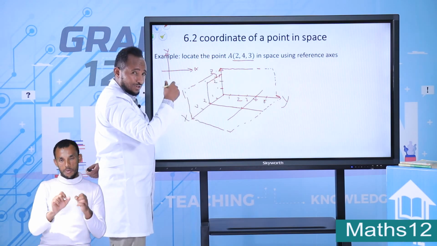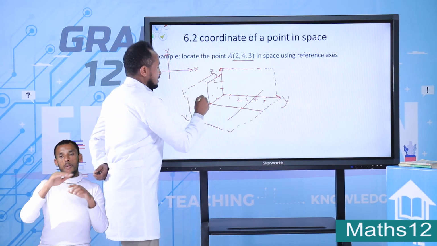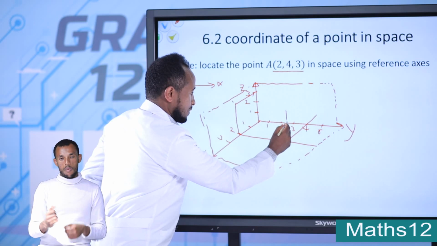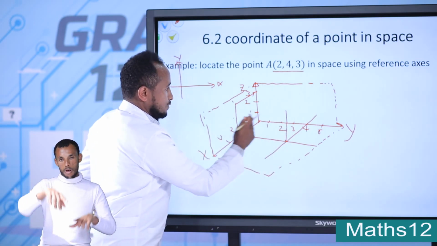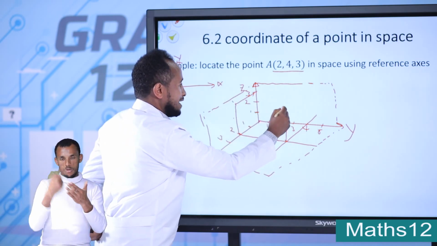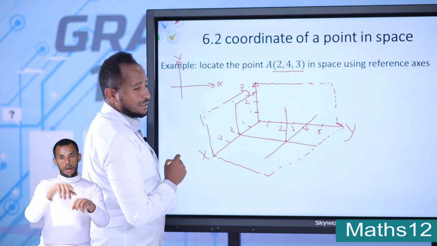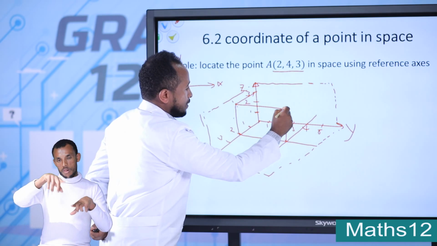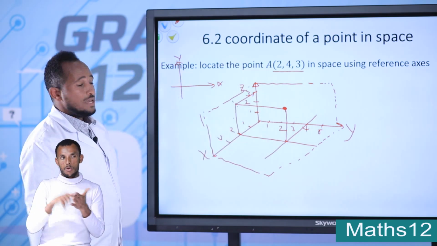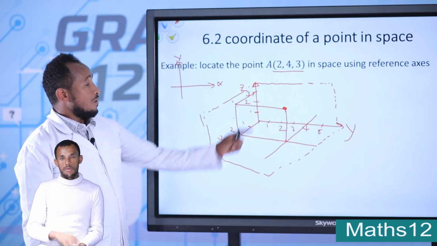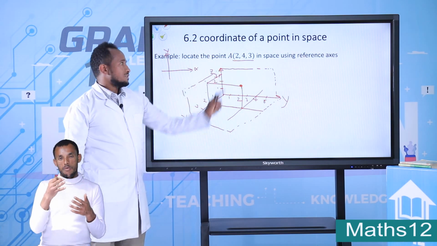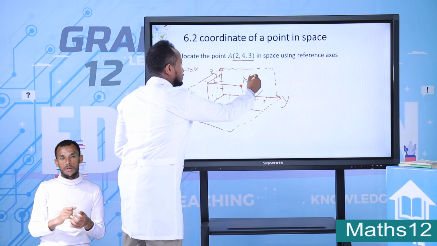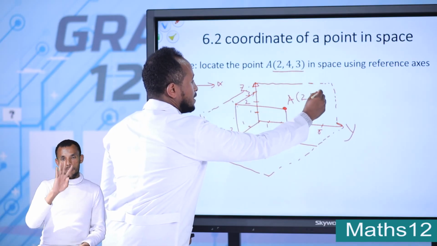So just try to fill a box. Next, draw a line parallel to this one, which is equal in length to this one. So draw a horizontal line here. This point is the coordinate of A. This point is A, whose coordinates are 2, 4, 3.